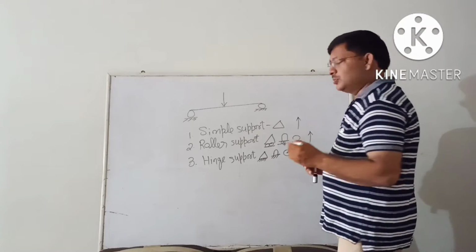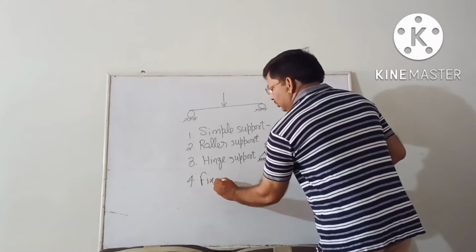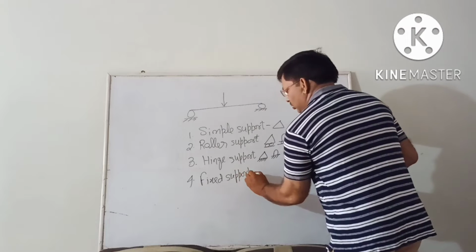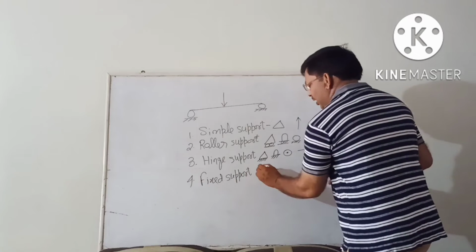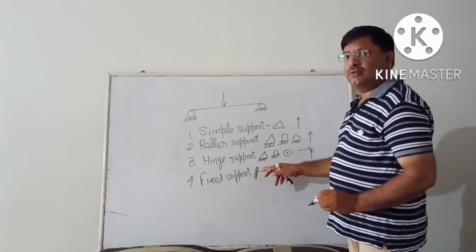Now the fourth and last support is fixed support. This one is the fixed support. Suppose this is a beam and we fix one end. So this is the representation of fixed support.